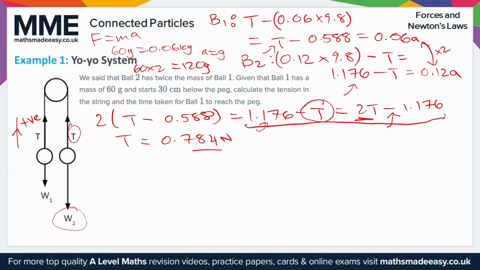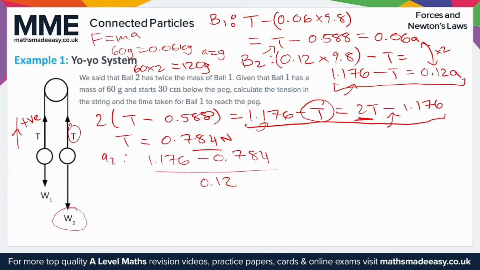Now we can figure out what acceleration each particle has. Because they're connected by a string, we can model it as one. They're both going to have the same acceleration, but they are going to be in opposite directions. One's moving down, one's moving up. Figuring out the acceleration for ball 2, A2 is going to be 1.176, take away our tension that we just worked out to be 0.784, over its mass, because I'm rearranging this equation here.